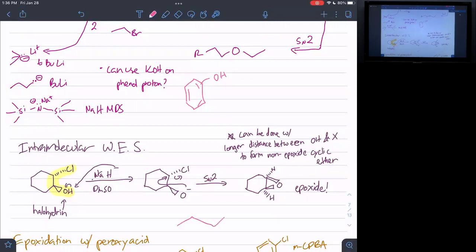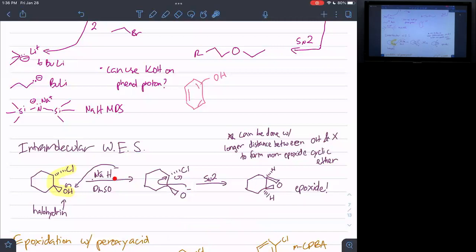So even if you had something like this, you would do the same thing and also get an ether. In this case, we're doing it on vicinal things, but you could also do it anywhere in a molecule. But what happens here is the same as what we just covered. It just happens closer to each other.